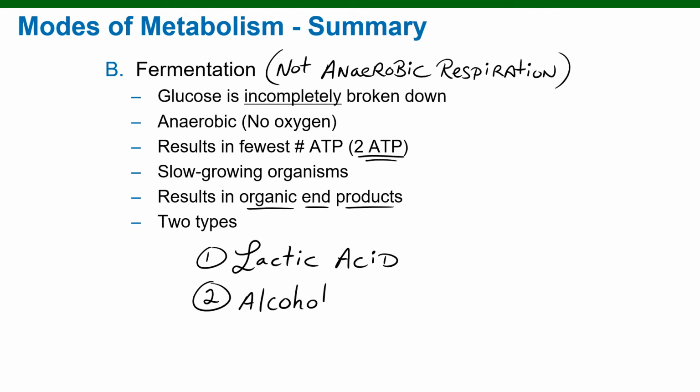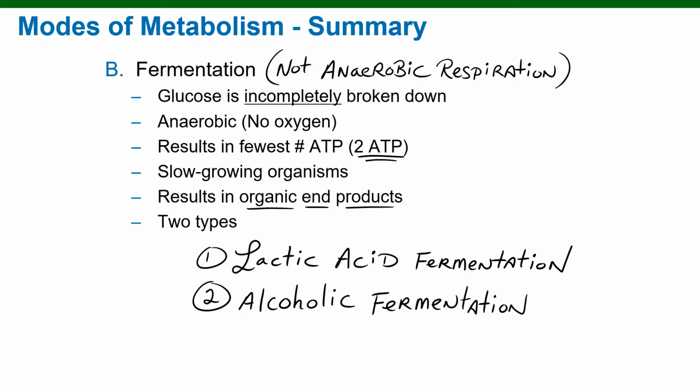And so some species of organisms will perform alcoholic fermentation as opposed to lactic acid fermentation, which is a different process. And these modes of fermentation are based on, their names are based on what is produced as end products.